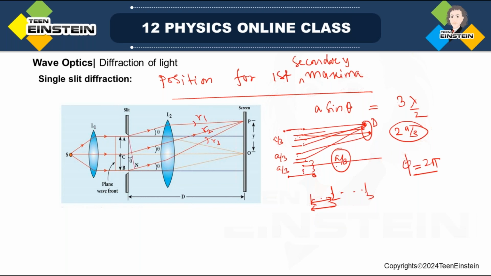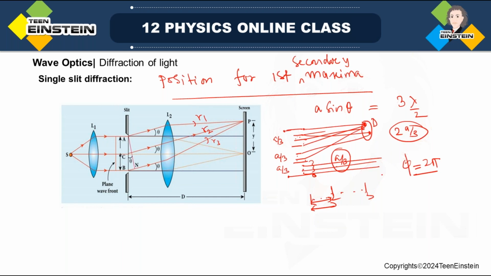So all the wavelets directly go and interfere at that particular point. But since this portion is very narrow, a limited amount of light will go and meet that position. That's why the intensity will be less compared to the central bright range.